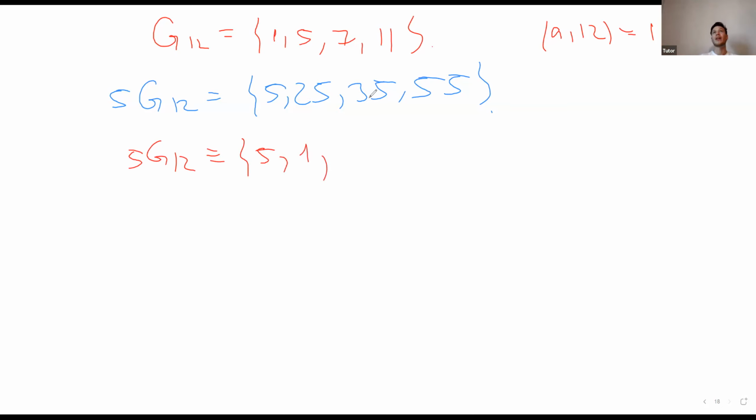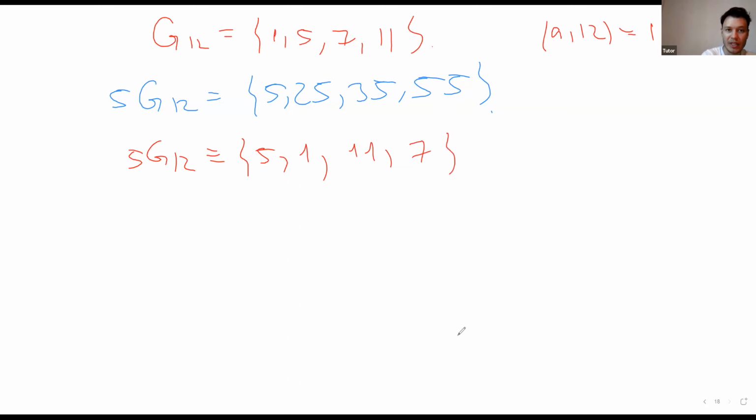What about 35? 35 is 24 plus 11, so it has remainder 11. What about 55? 55 is 48 plus 7, and 48 is a multiple of 12, so I have remainder 7.